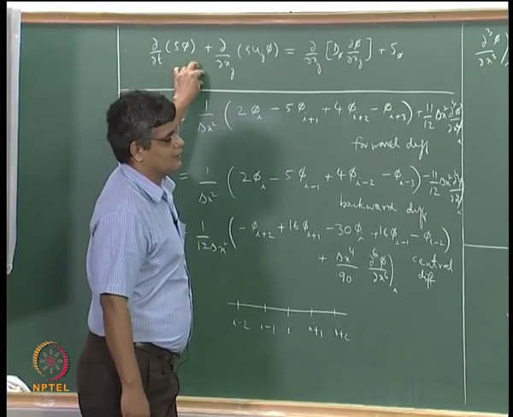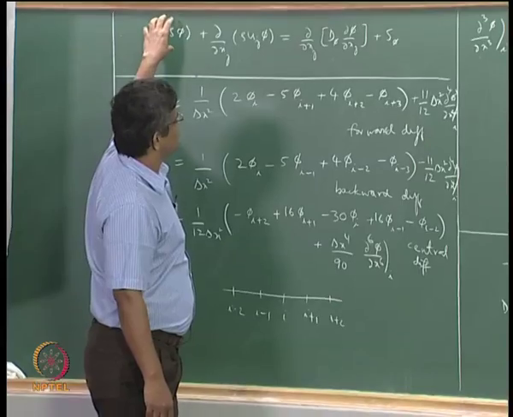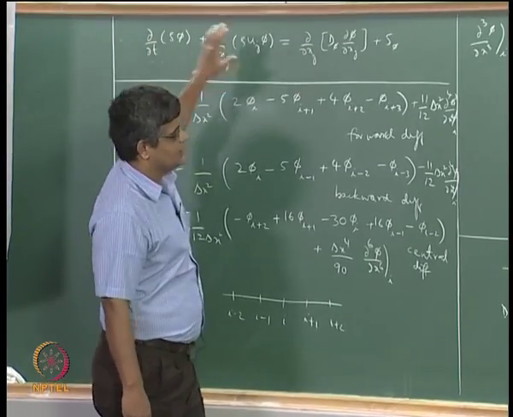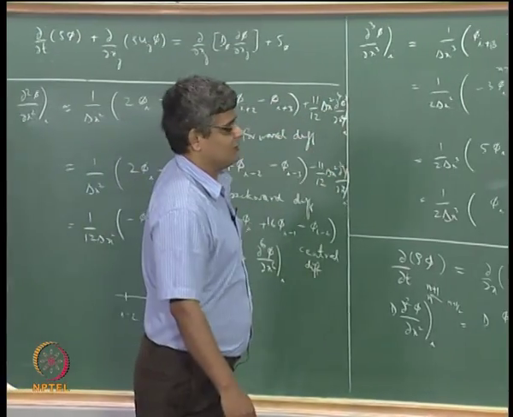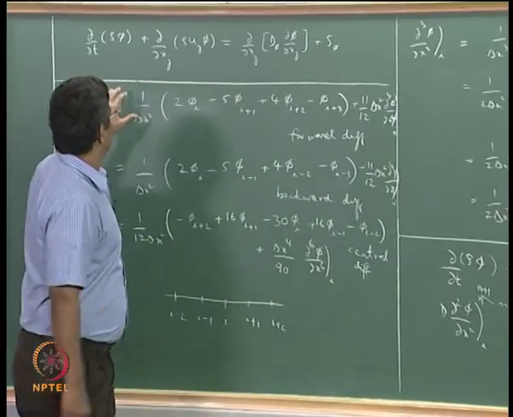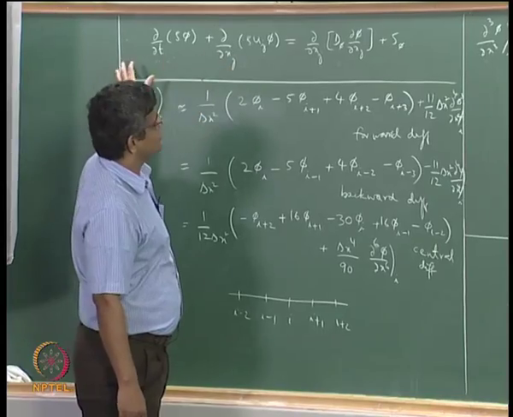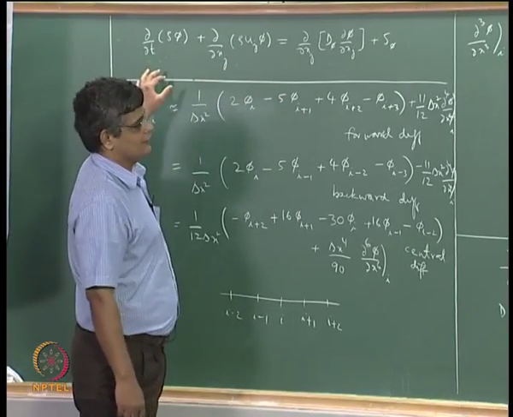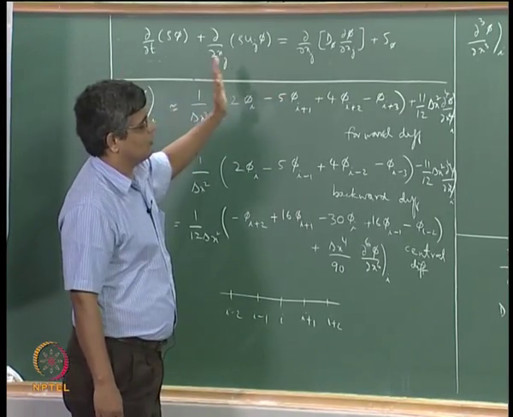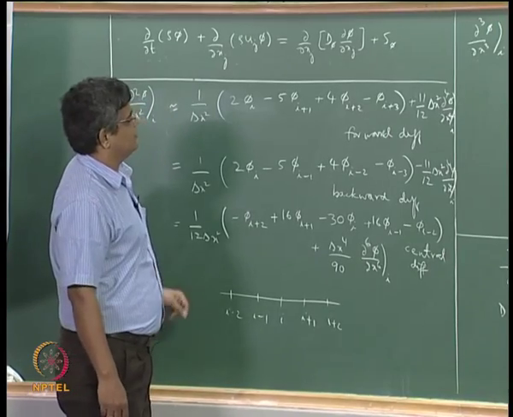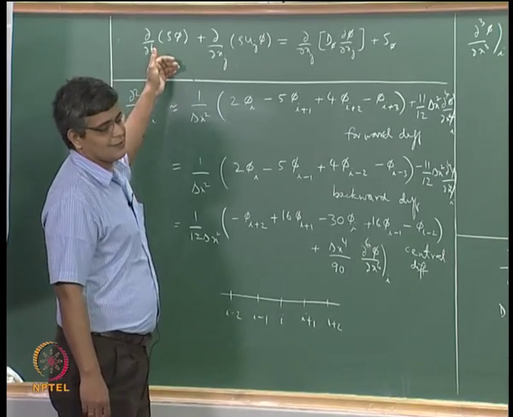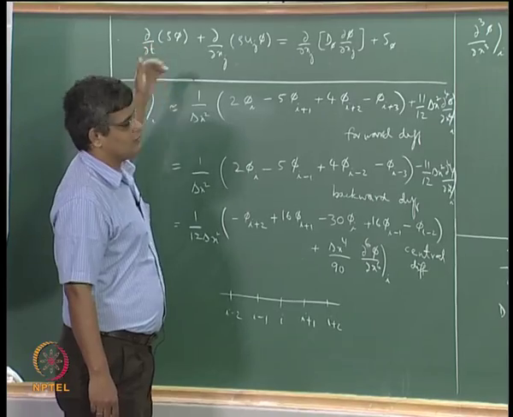Wherever we have a partial derivative, we substitute it with an equivalent finite difference approximation, and then we can assemble all the points together and come up with an overall expression for a discretized form of the governing equation.